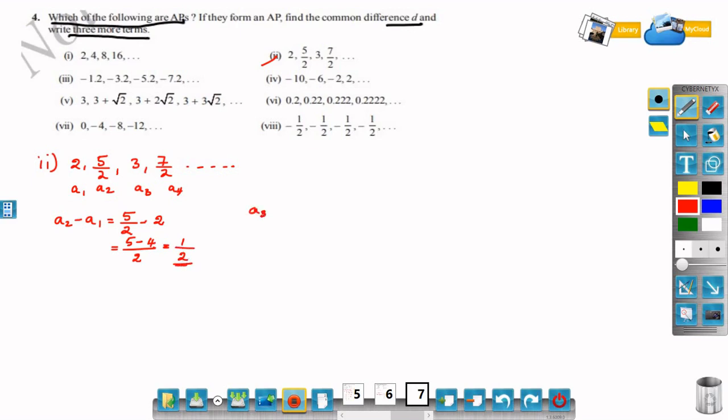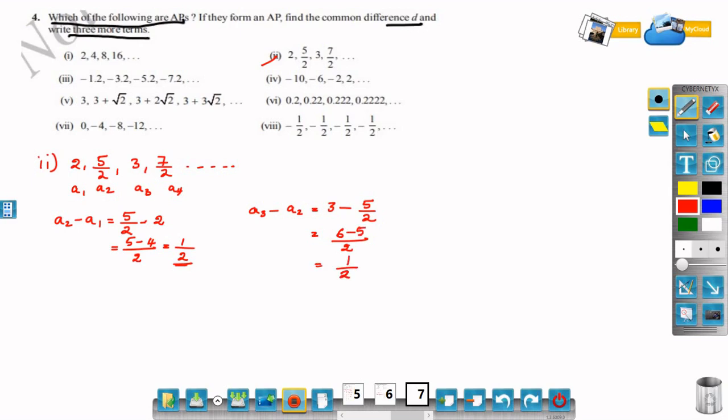Find A3 minus A2. To check whether it is an AP or not, you have to find all the common differences for the given terms. A3 minus A2. That is 3 minus 5 by 2. 2 is the common denominator. 3 into 2, 6 minus 5.